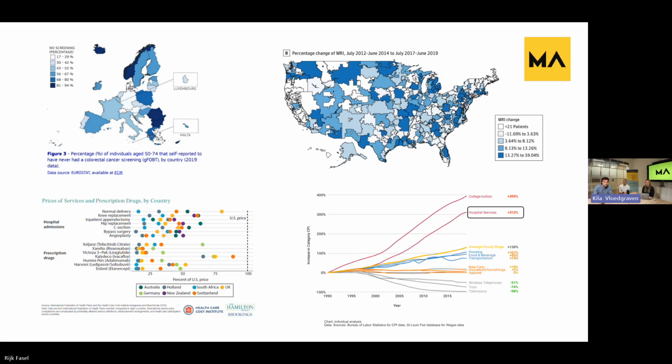On the left upper side, you see the difference in how many patients were screened for colorectal cancer, and you see big differences even between European countries. So if you have a test in colorectal cancer diagnostics, the country you work in will change your value a lot. And you have to think about that.